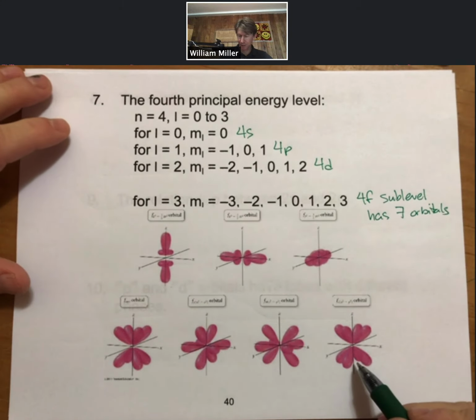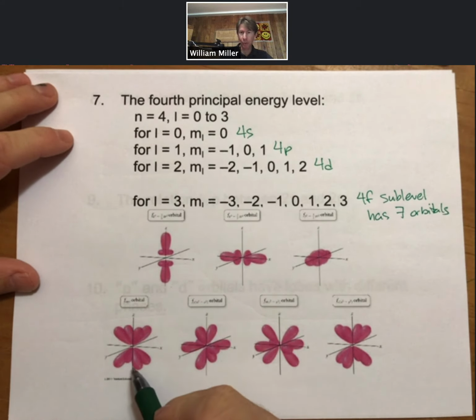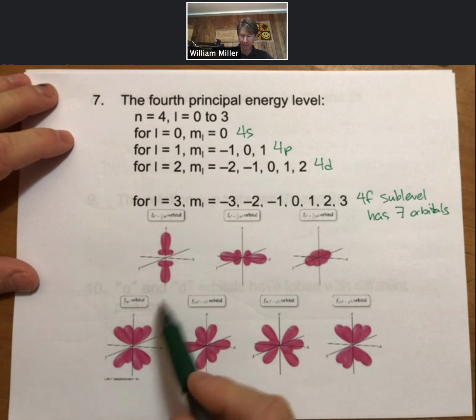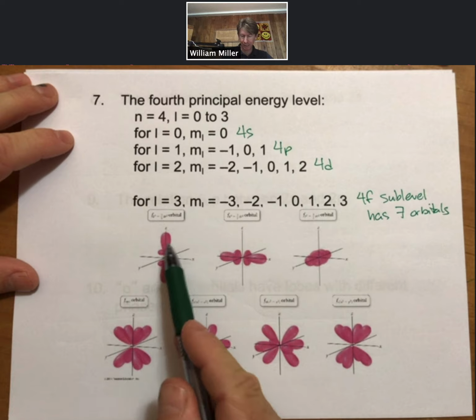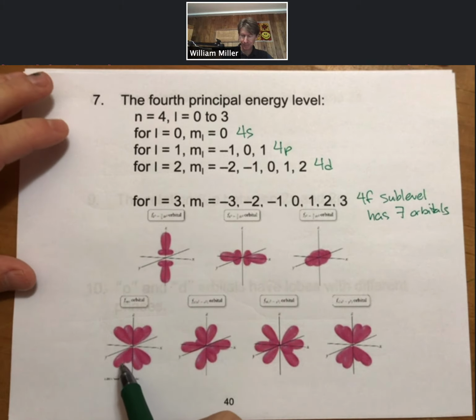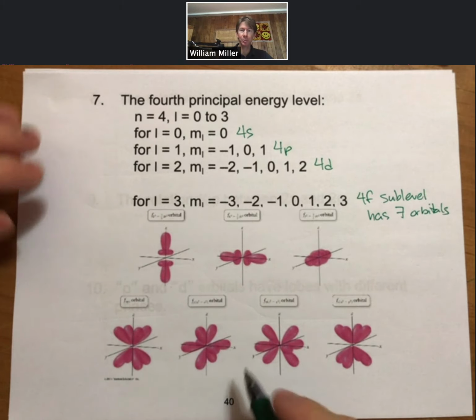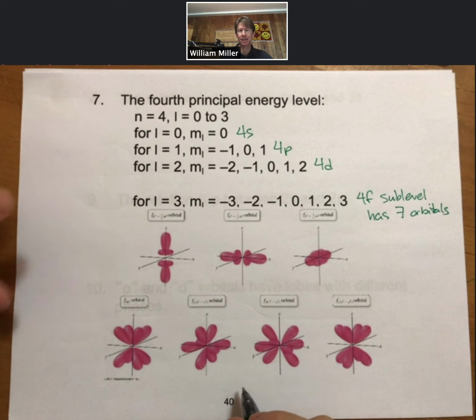And we will see that the 4f's are all more complicated than the d's, some of them having 8 pieces, some of them having 2 donuts and other shapes. And you should be able to recognize these as well and tell them apart from the other orbitals in case you are given shapes on an exam in which you are asked to identify which one is the f orbital or one of the other ones.